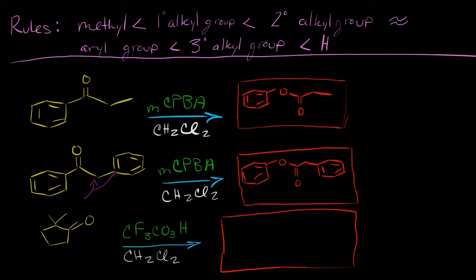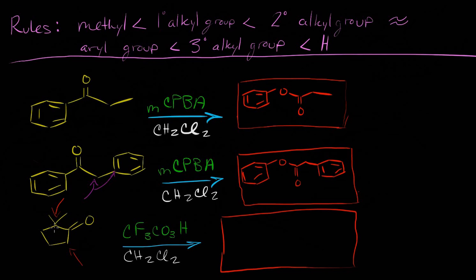Okay, so backstepping, looking at what we have again, this is a primary alkyl group, and then this one right here is a tertiary alkyl group. And so we expect the migration to occur with this tertiary alkyl group.